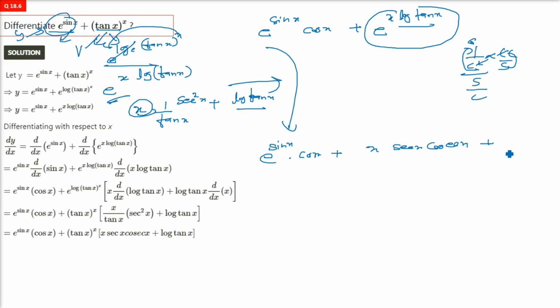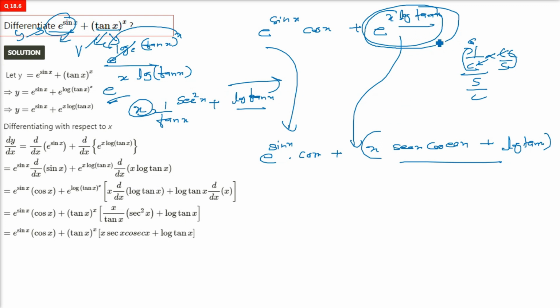As I told you, the whole differentiation is this, but we still have e to the power x log tan x always there. Since we ourselves converted tan x to the power x into e to the power x log tan x, you can always write it as tan x to the power x, because it is essentially like that only.